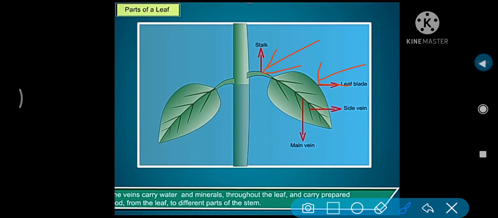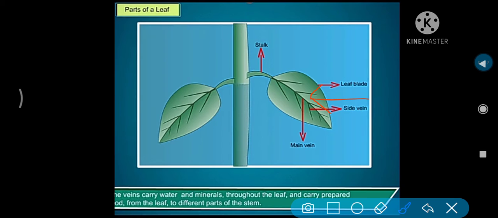Okay. Now here we can see a line which is running in the middle. This is known as main vein. Now what is vein? Vein is a tube-like structure through which blood flows in human beings. Okay, children? But in plants, the veins or the tubes help the plants to transport the water and the minerals.